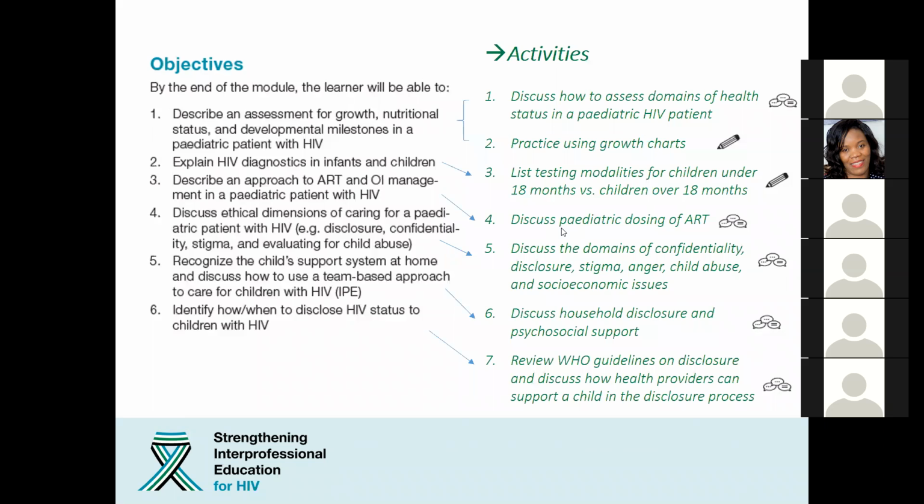Cotrimoxazole is one agent. Then look at the status of potential TB exposure, and rule out whether there's a suspect either in the family history or in the child's presentation. If not, and the child is over 12 months of age, then TB preventive therapy should be strongly considered. So the main principles are weight-based dosing, simplified regimens if possible, and looking at the national protocols in reviewing this case.